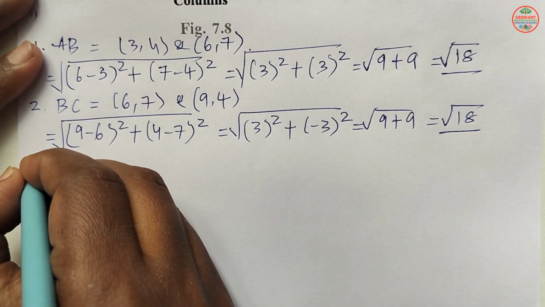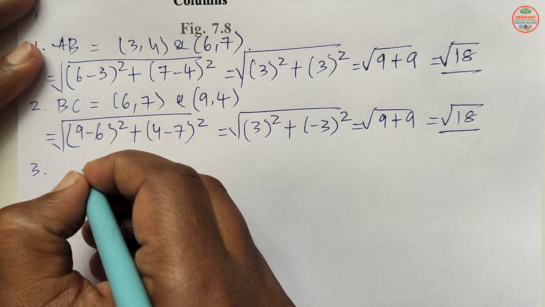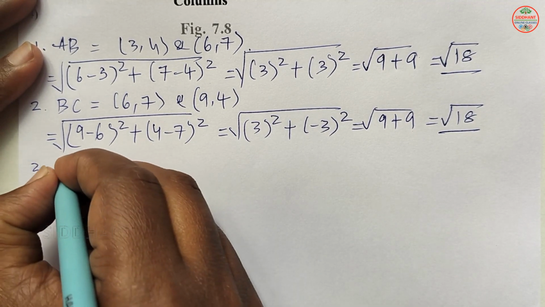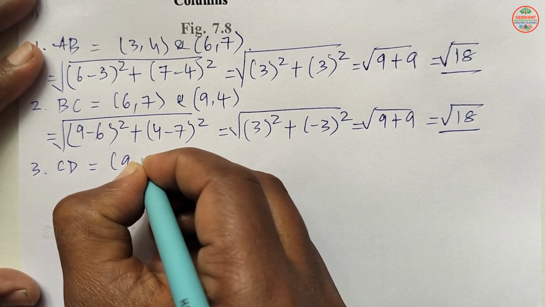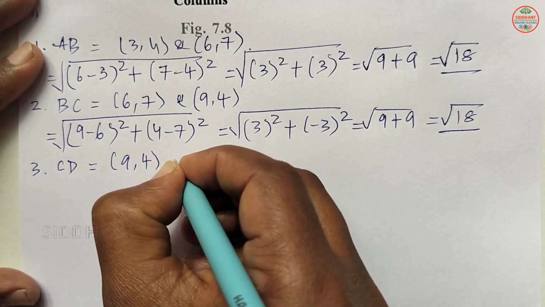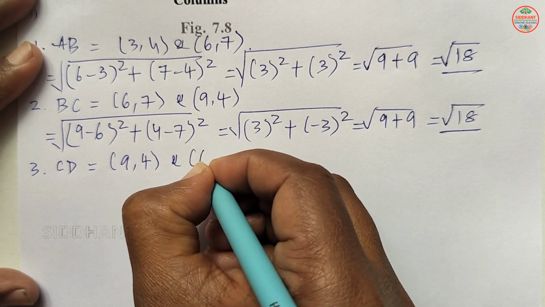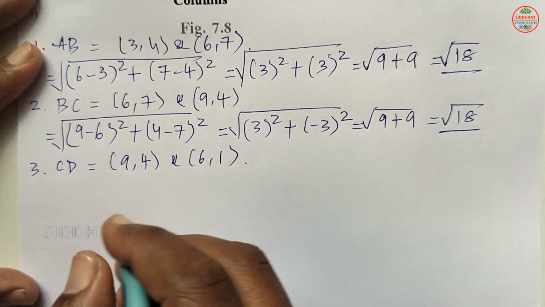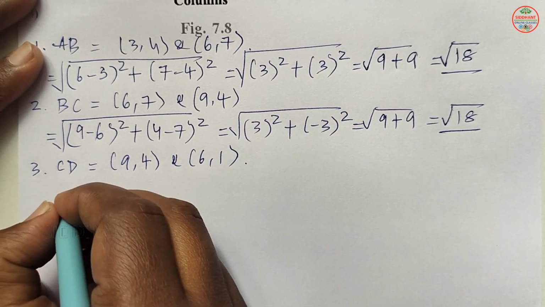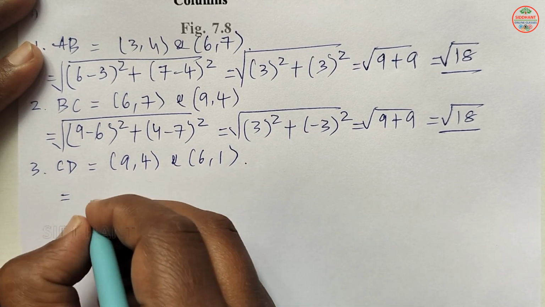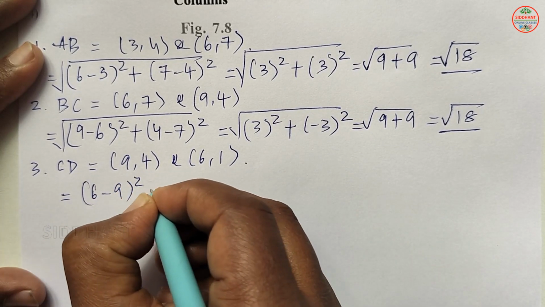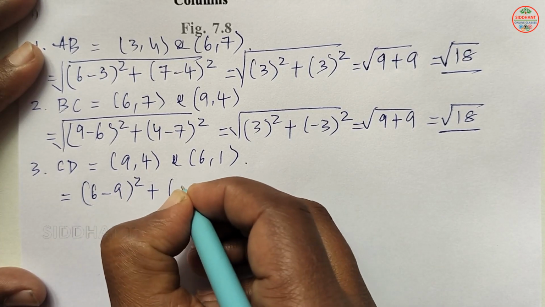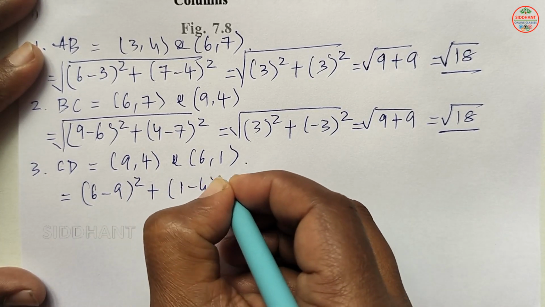Next, third one, CD, which is 9, 4 and 6, 1 here. So when you are going to see the distance x2 minus x1, 6 minus 9, plus 1 minus 4 whole square.